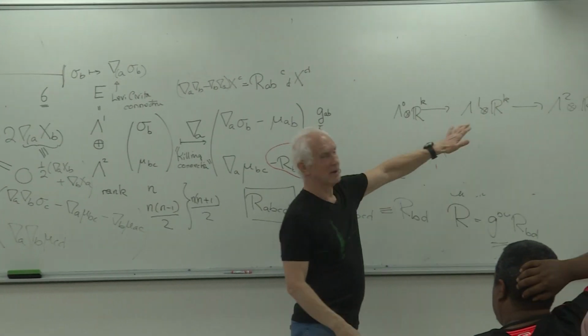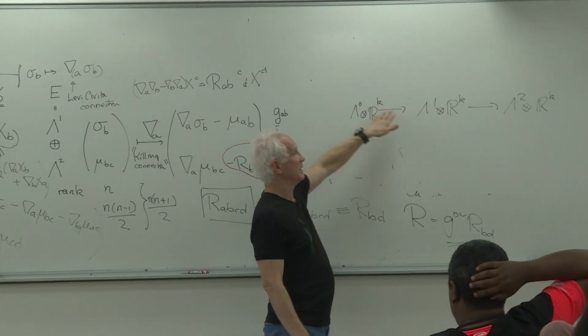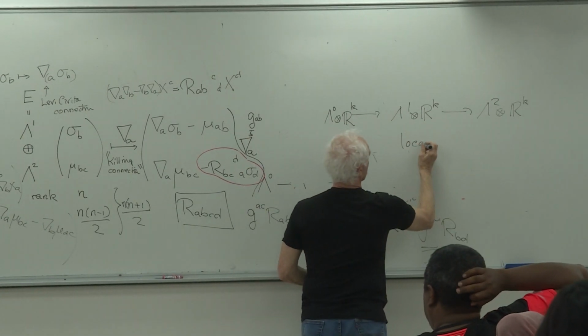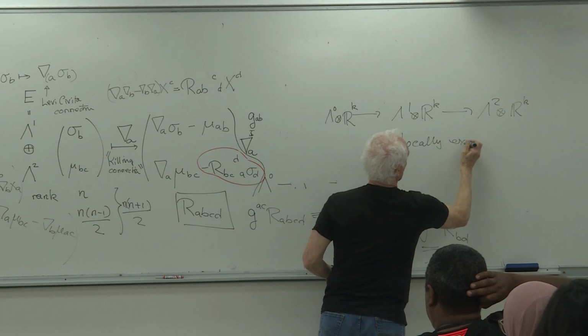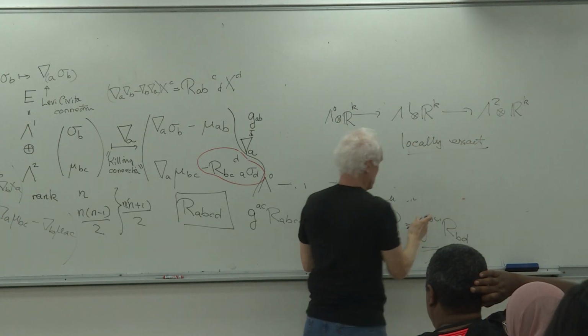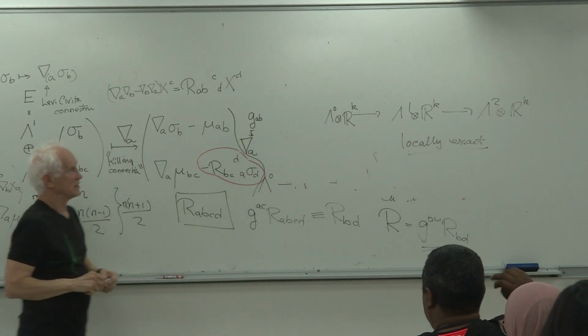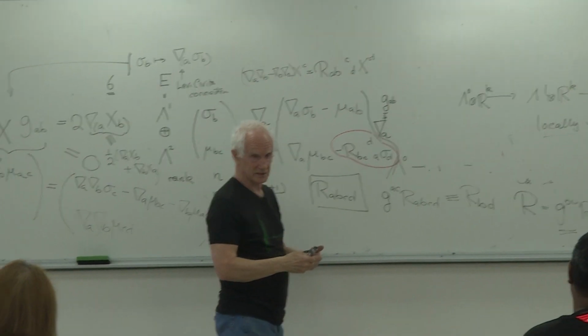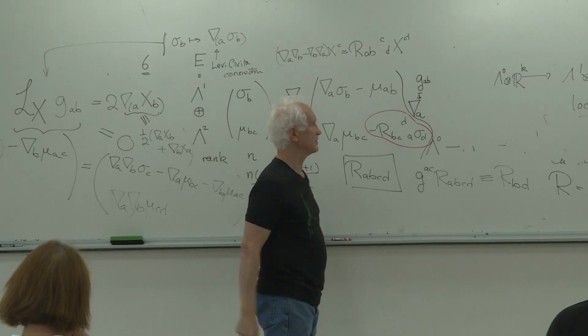So anything you can say about the original de Rham complex is true of this. It's locally exact. Right, locally exact. But if you try this in general, it's not locally exact. The reason it's not locally exact is because of this curvature.